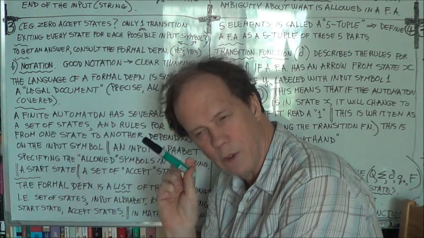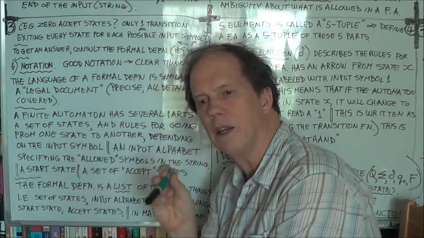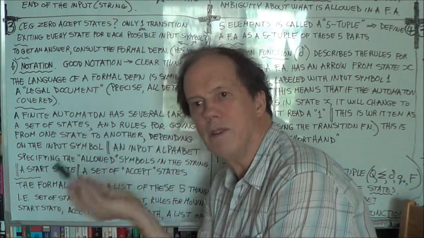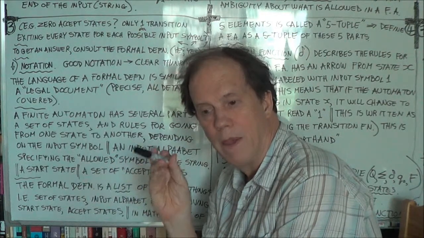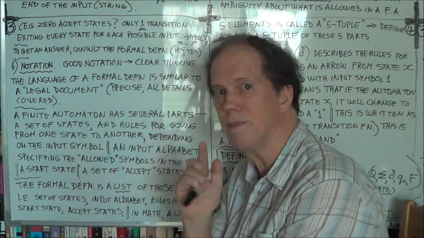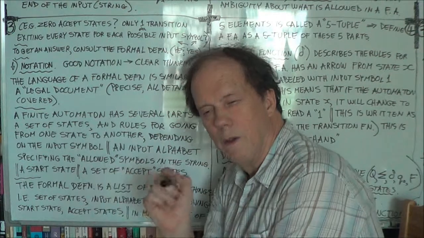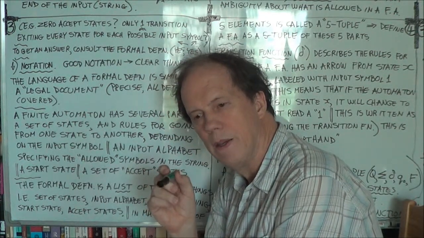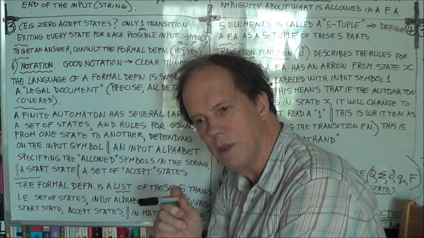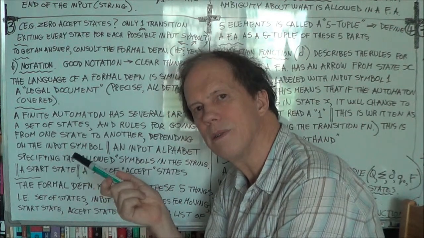Is that allowed in the definition of an automaton? If your definition is very succinct and clear and unambiguous and every detail covered, then you'll get an answer to that question just by looking at the formal definition. So precision is important. And another example: for a given state and a given input symbol, is there only one arrow that goes out, or can you have more than one?